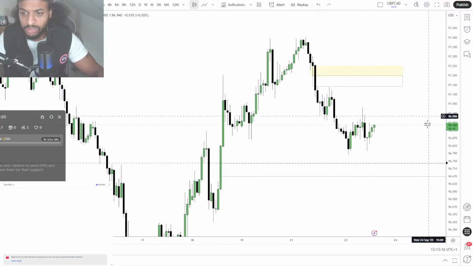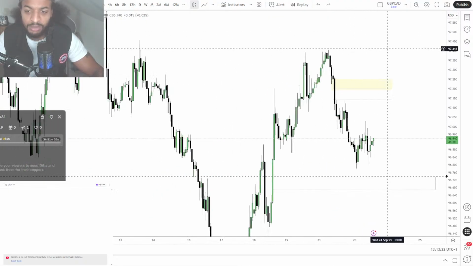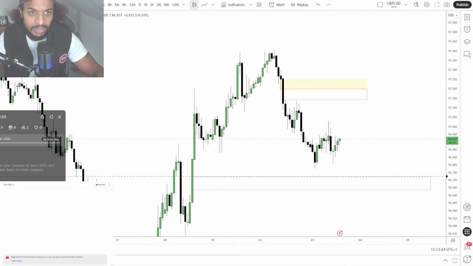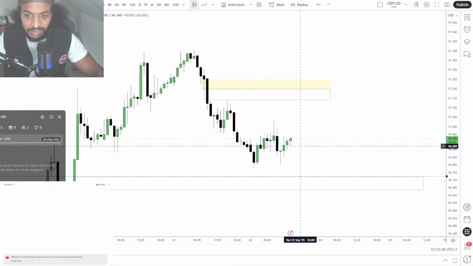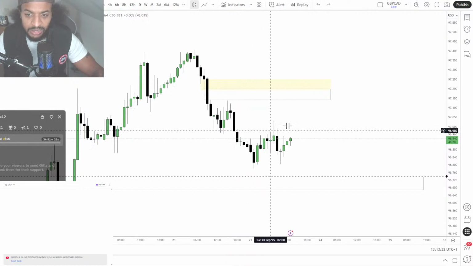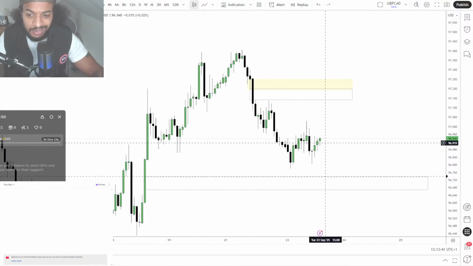So if the structure starts to get on board with getting stronger in this area, then we can start to see it maybe move higher. But nothing is showing the dollar in a bullish element currently. It's kind of just going sideways. If you think about it, it's kind of like in a mini range. So we want to see it break out of this range, and then we can get more of an understanding of what's going on basically. So there's nothing to report with the dollar yet.